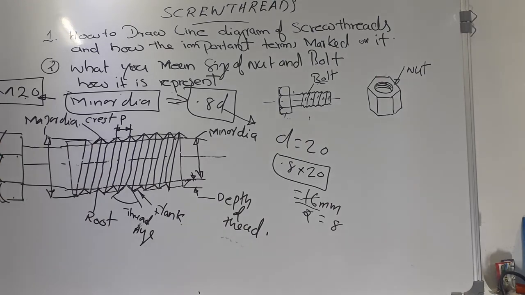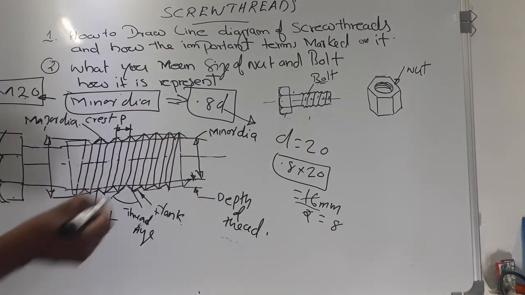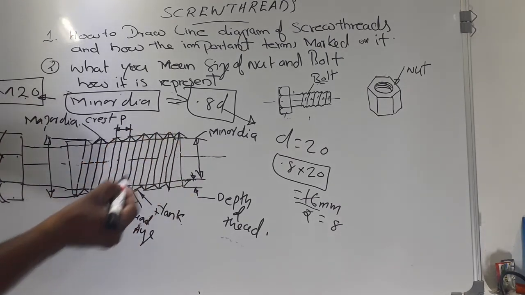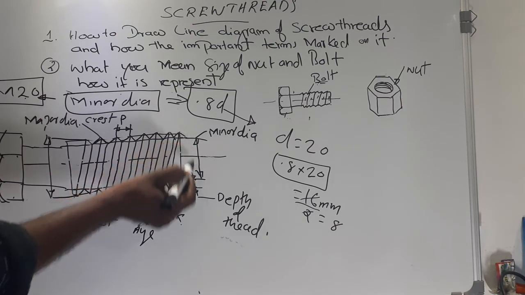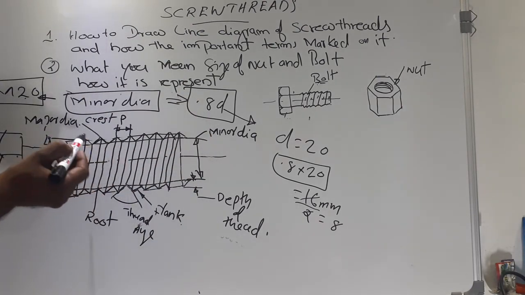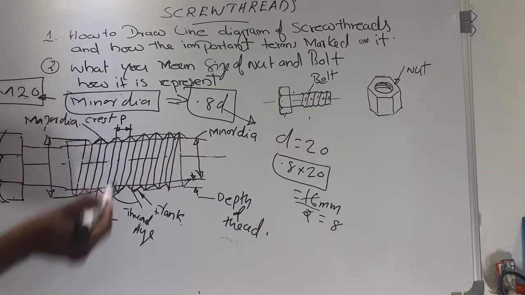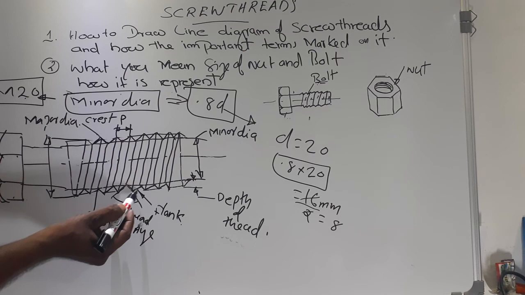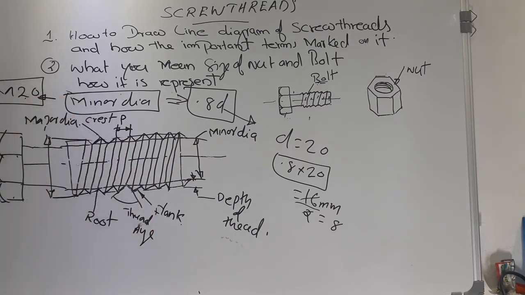These are the terms related to screw threads. First one, the outermost diameter is called major dia, and the root diameter is called minor diameter. The uppermost part of the thread is called crest, the lowermost part of the thread is called root, and the slanting surface in between crest and root is called flank.